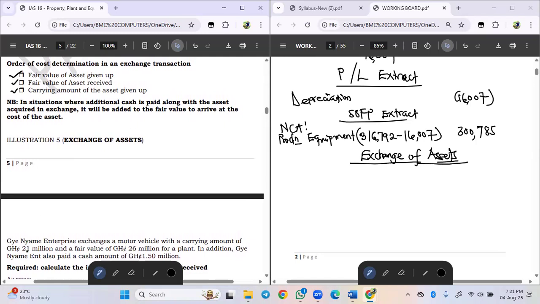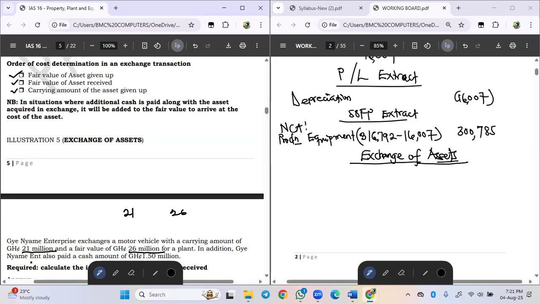Now, in your books, you are measuring the asset at 21 million. But the fair value that you are using is 26 million, meaning already you've gotten a fair valuation gain. Because in your books it's 21 million, but the fair valuation says 26. So that difference of 5 becomes a gain to that particular company, Jinyami in this case.